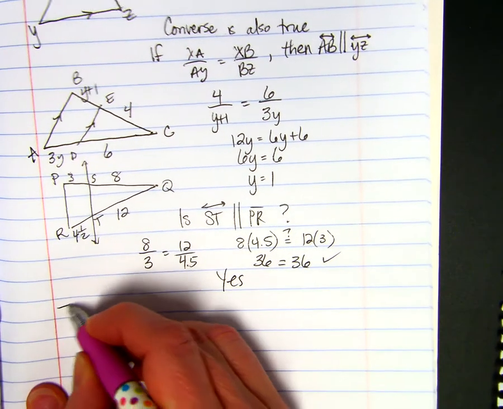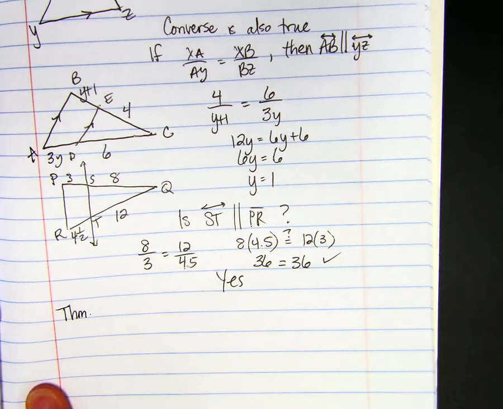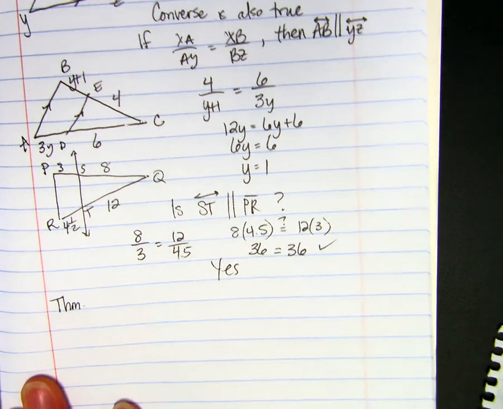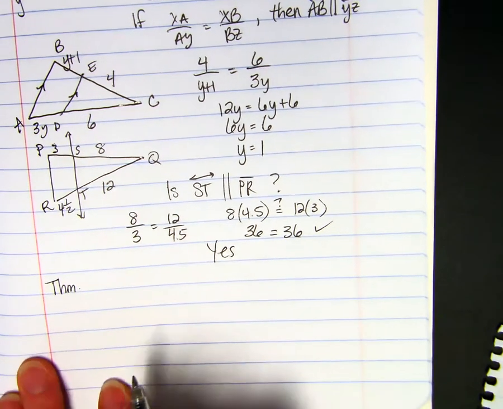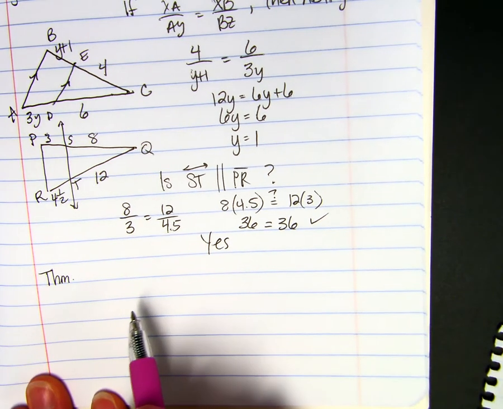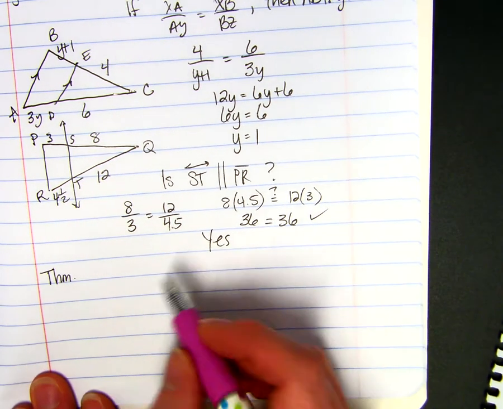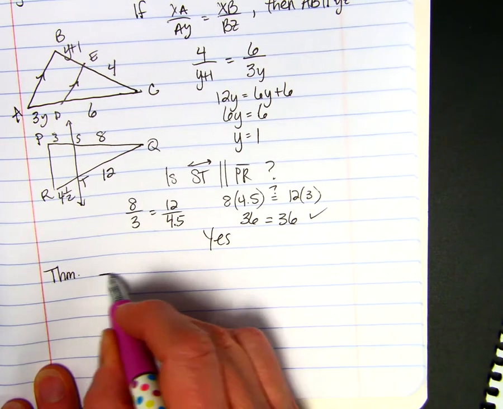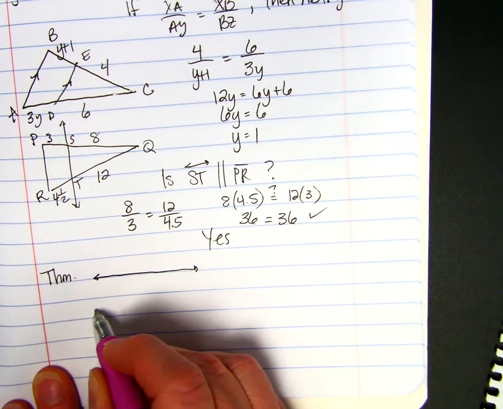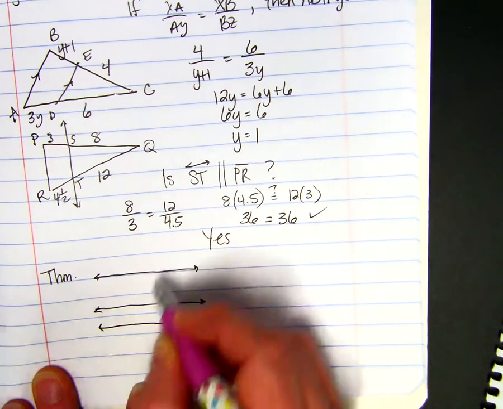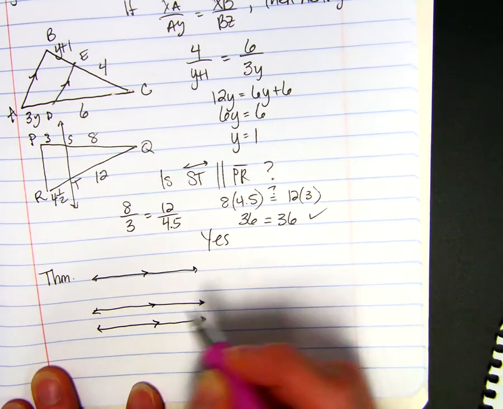Now, the other theorem, there's a converse too. If you have parallel lines with transversals, more than one transversal, they'll divide the parallel lines proportionally. So let's draw some parallel lines, not necessarily the same distance apart. And then it will look more like that.